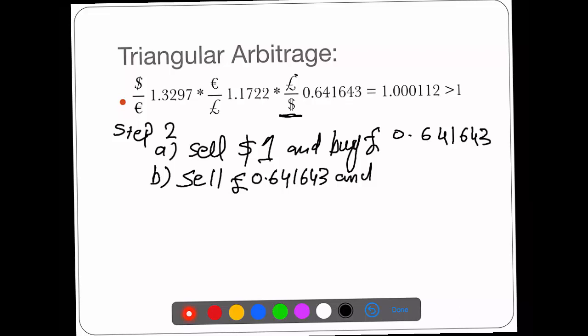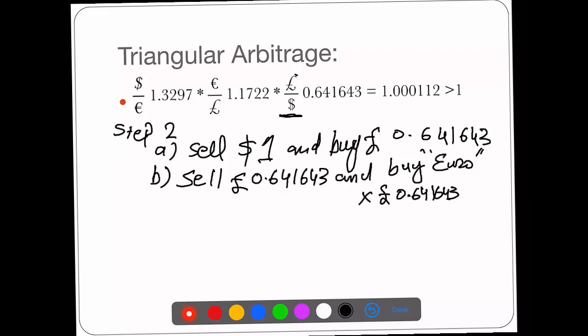So in this case, I need to buy the euro, right? I need to buy the euro. And in doing so, I simply need to have the pound in the denominator.